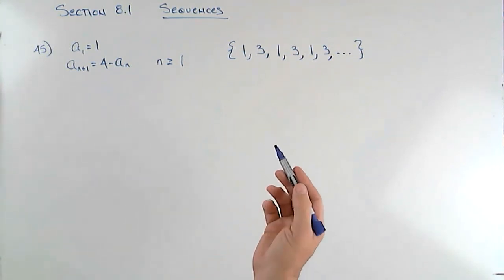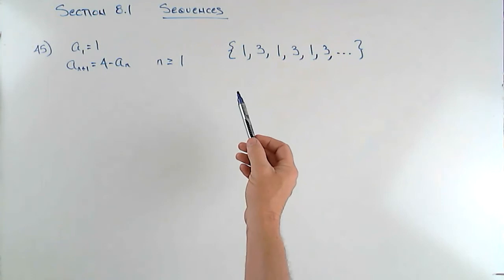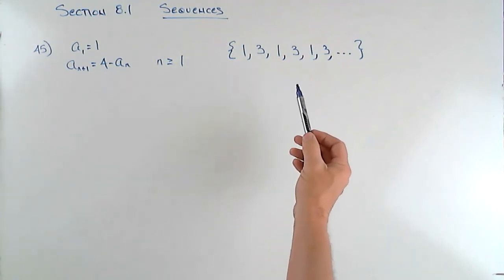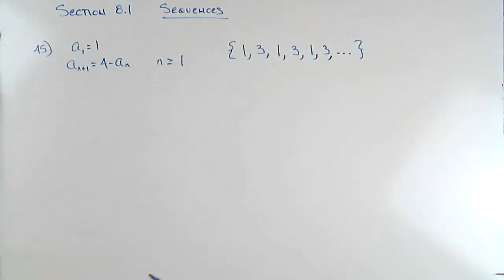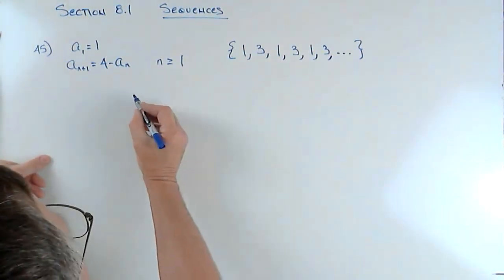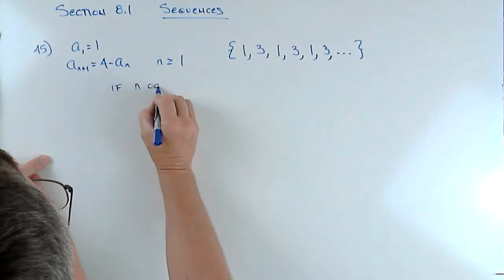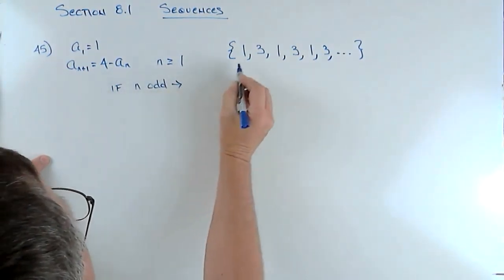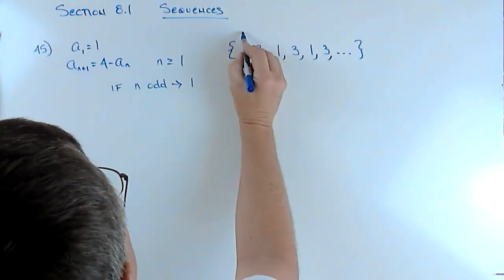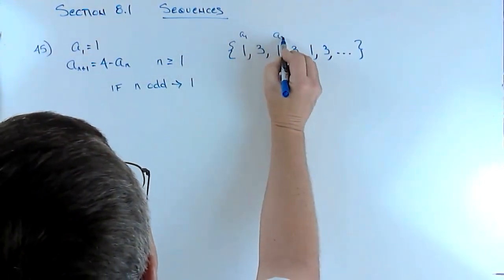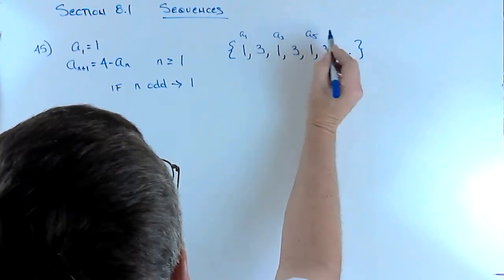Well, that sequence is not going to converge. It alternates between 1, 3, 1, 3, 1, 3. We've seen this sequence before, right? This is very similar to one of the problems we've done earlier, where we said if n is odd, then we want 1, because that's A1, A3, A5.